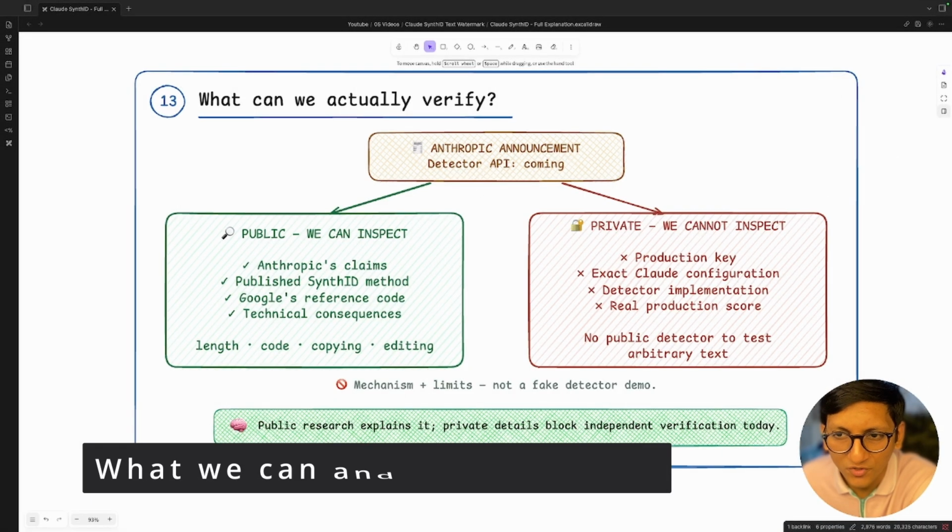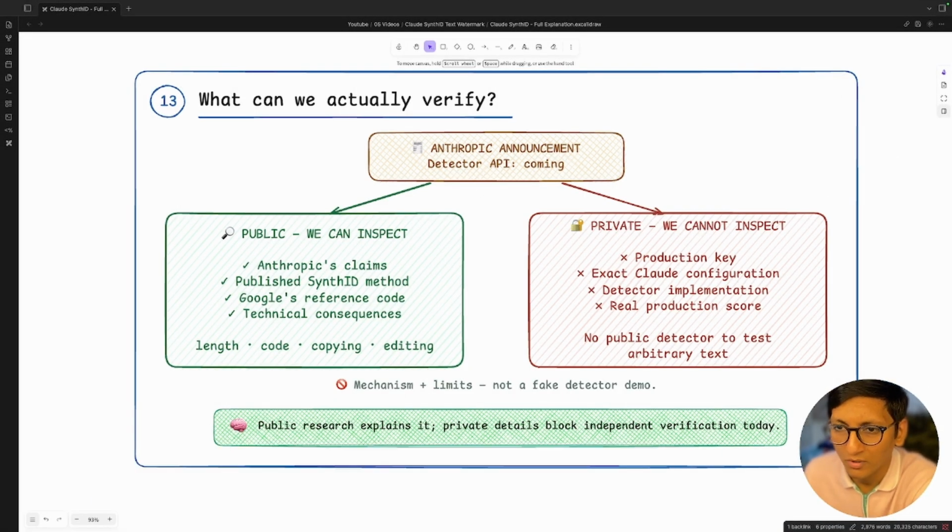So what can we actually verify now? Based on Anthropic's announcements, the detector API is coming. So for now, publicly, we can inspect Anthropic's claims, the published SynthID method, Google's reference code implementations, and the technical consequences related to length, code scenarios, copy pasting, and editing.